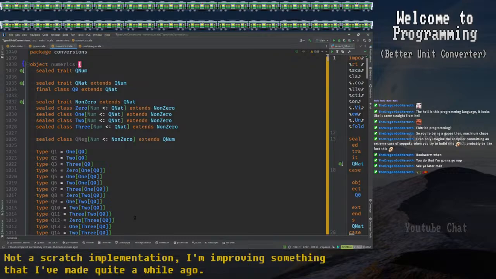Would it be good to actually define the numbers? That's the real question. Is it a good idea to turn these into values as well?